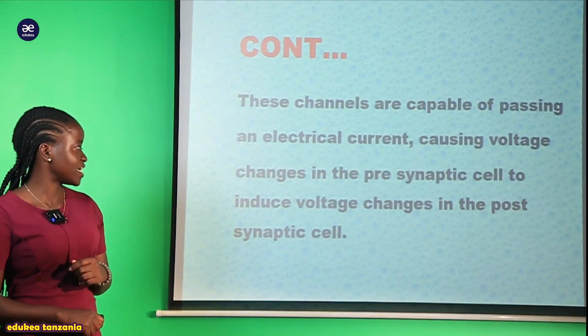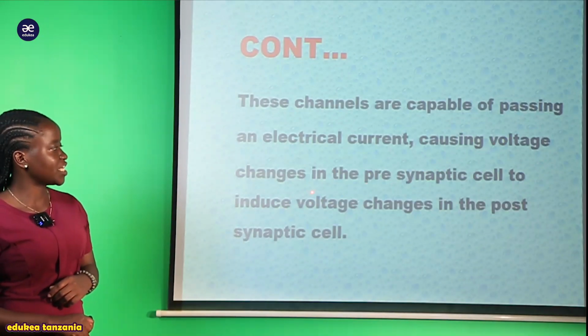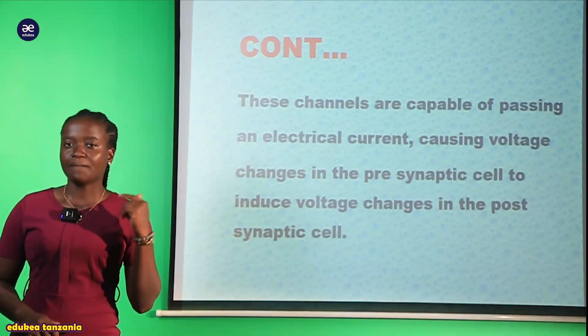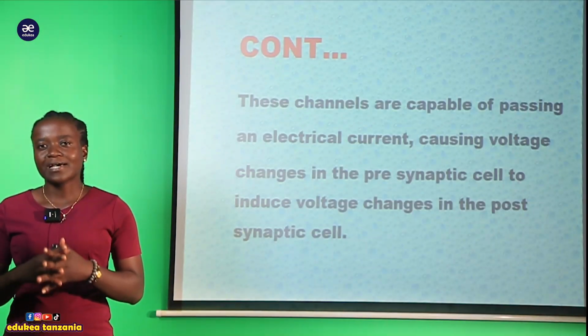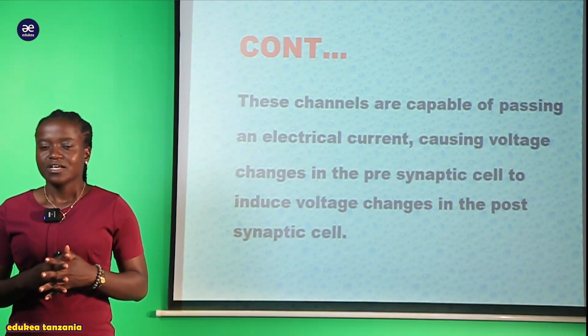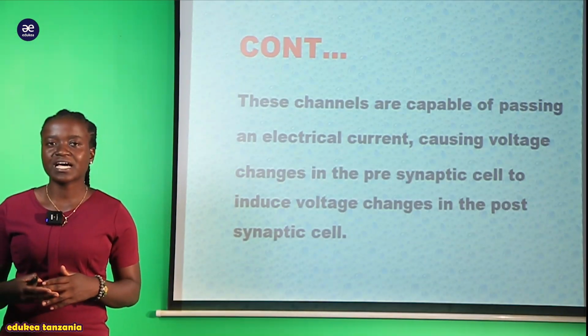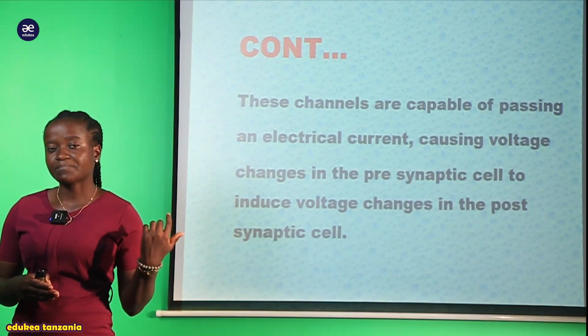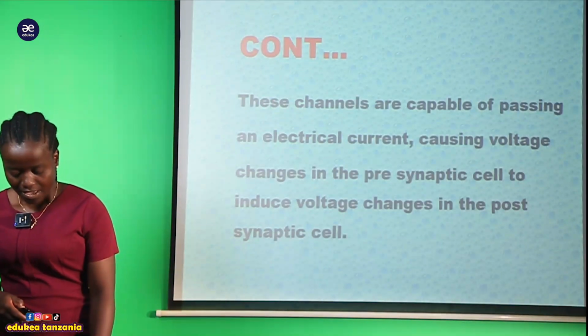We are saying that it causes voltage changes in the presynaptic membrane. So within the presynaptic knob ndipo ambapo panaanza kutokea changes. Zile changes ndizo ambazo zita bring about the release of the neurotransmitter which are found within the presynaptic membrane and cause transmission of the nerve impulse.